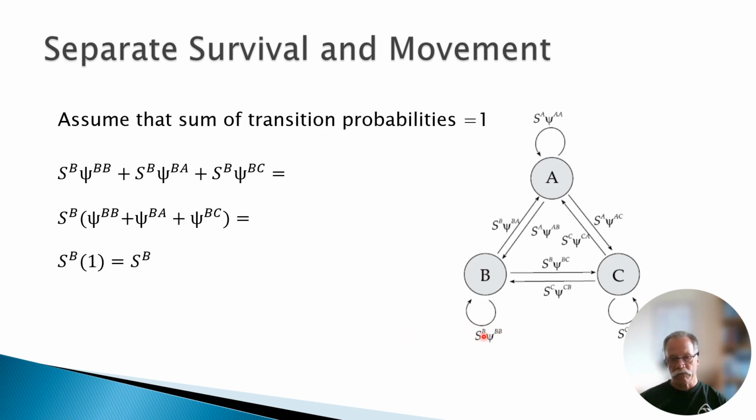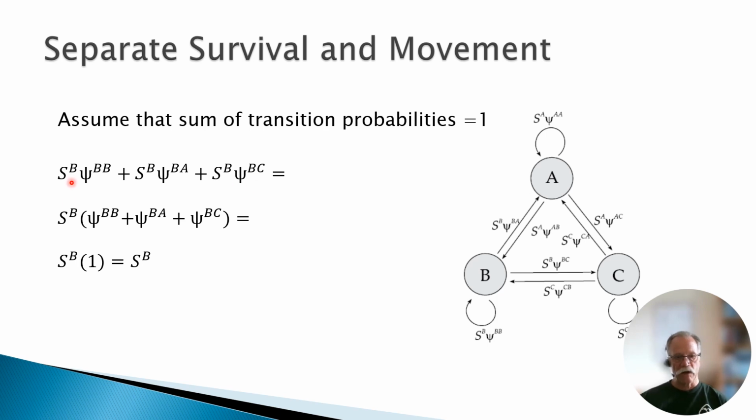And now we have separated survival and movement into S and psi. And so if we just look at site B now, the animal could survive and stay in B with SB psi BB, okay, that first term, or it could survive in B and move to A, SB psi BA, or it could move to C, SB psi BC.